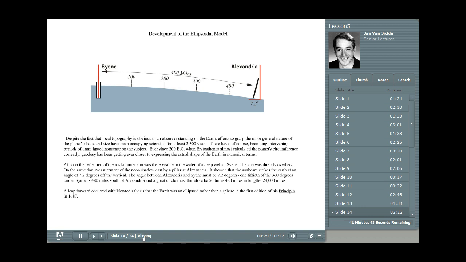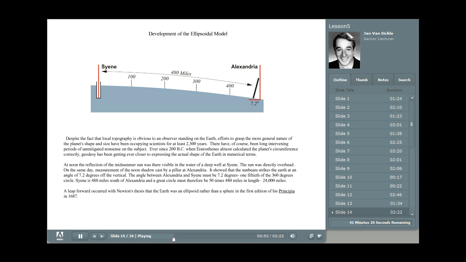Ever since 200 BC, Eratosthenes almost got the planet's circumference right, and of course the fundamental idea that it was in fact a sphere, or nearly a sphere. What he did was interesting.